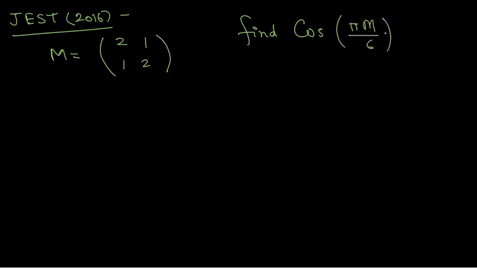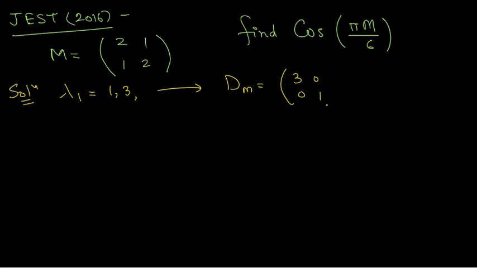I am not going to do the whole problem, but I will hint you how to do it. If you find the eigenvalues, they are 1 and 3. Just find the eigenvalues, and the corresponding diagonal matrix, let's call it dM, will be [3 0; 0 1].